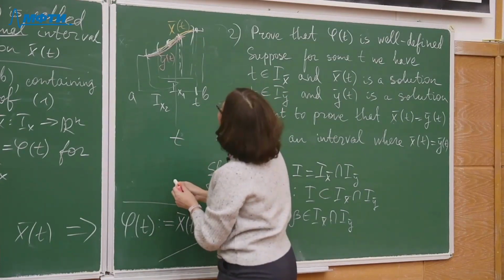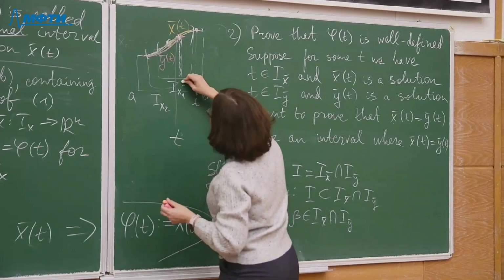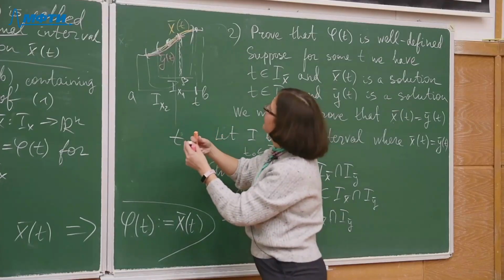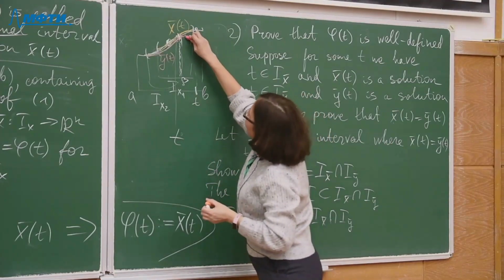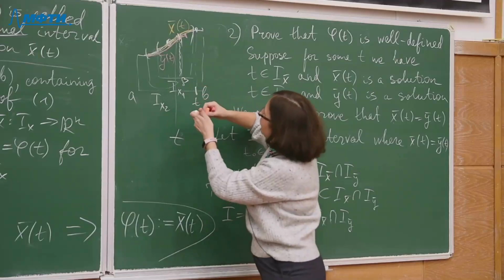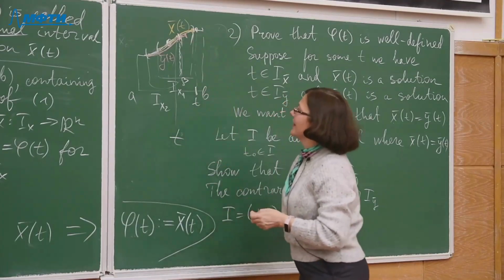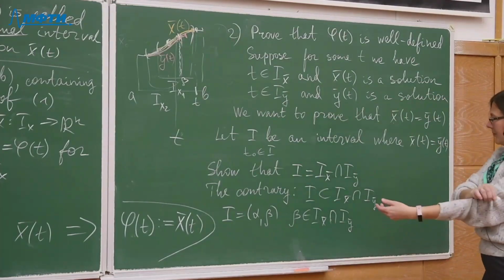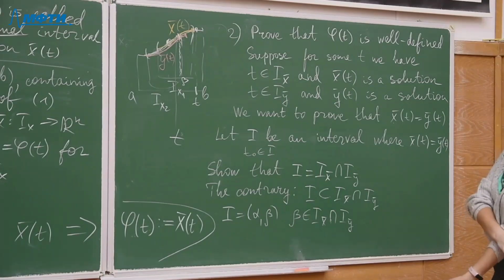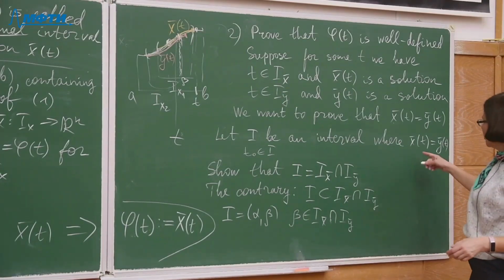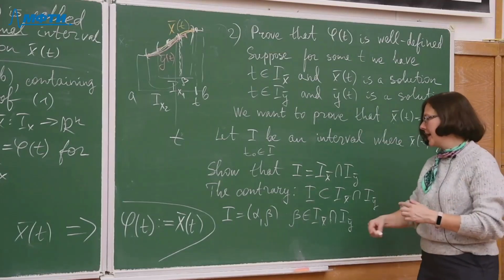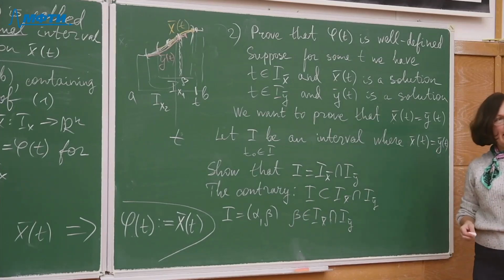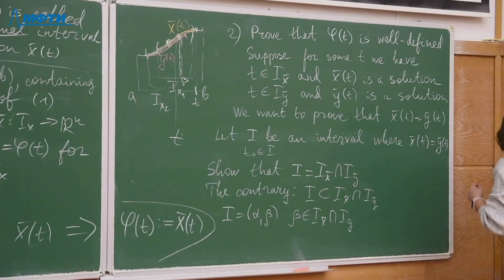So this is beta. Well, and this is the endpoint of Iy, and this is Ix. And beta is inside Ix. Right. Well, so two solutions are the same on this interval. So these are two continuous functions. x of t and y of t are continuous.